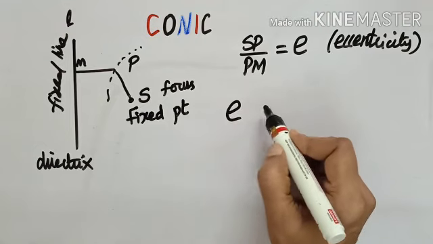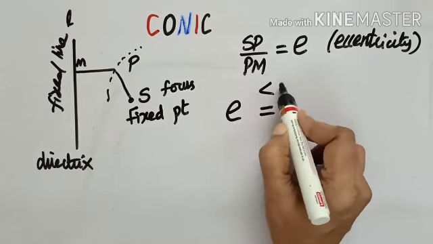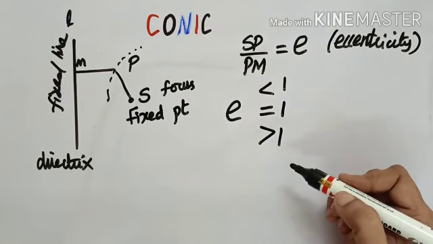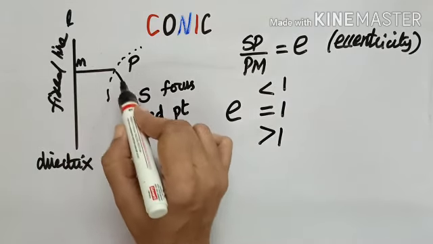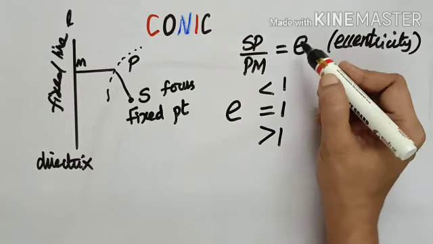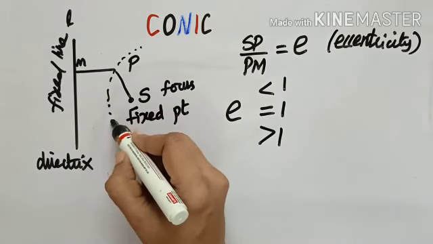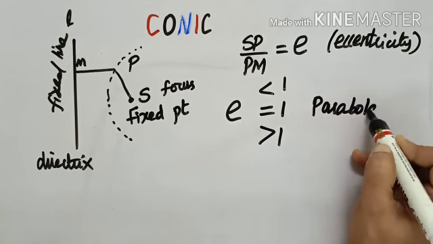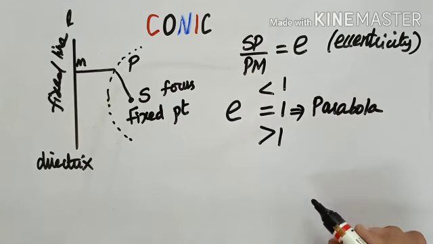This E can be equal to 1 or below 1 or above 1, being a ratio. If SP and PM are equal, in that case E is 1, I get a parabola. So whenever E is equal to 1, I get a parabola.